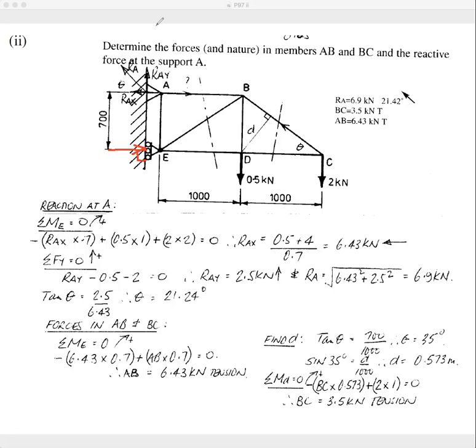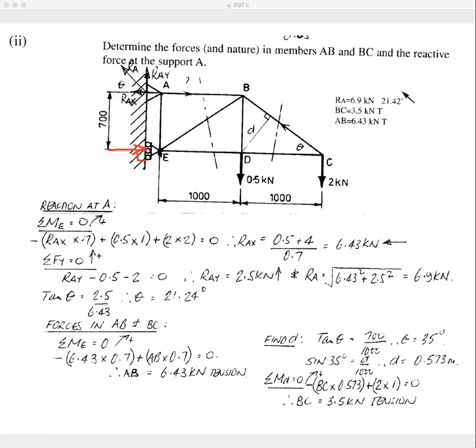This sense here, you're not sure of, so you can put a question mark there if you want, but you can see that if you're applying this force and that force to this, the reactive force must go to the right there. So always put that in, because that will gain you marks. So let's see how we do this.